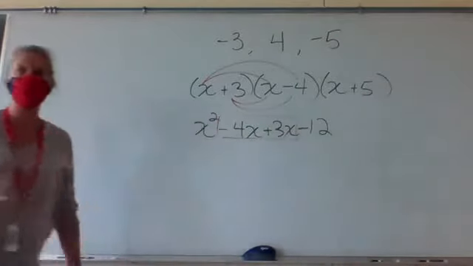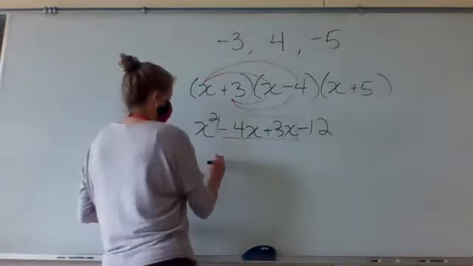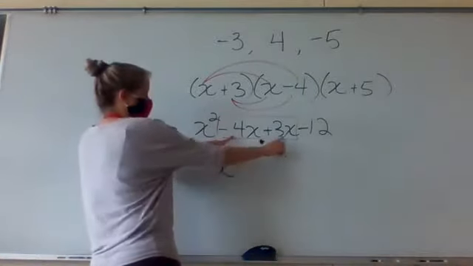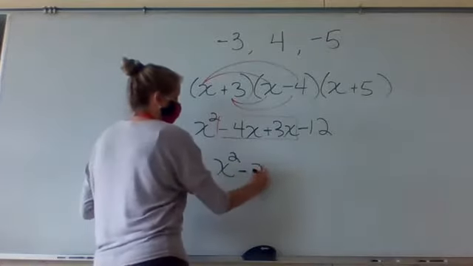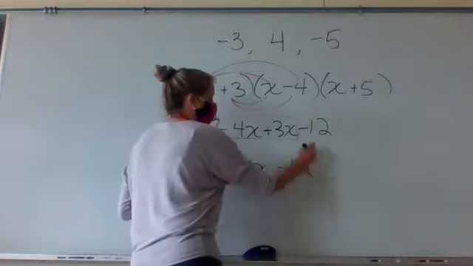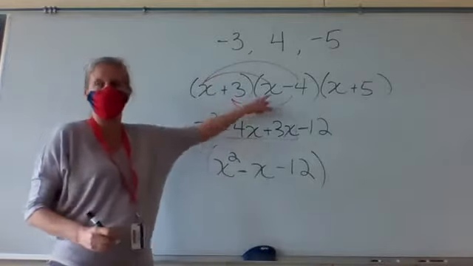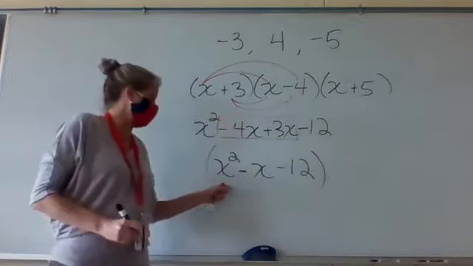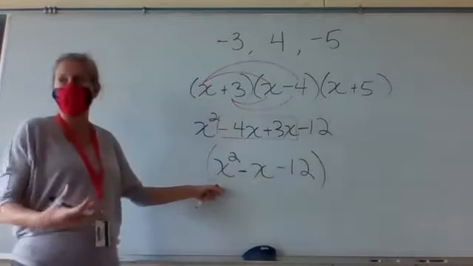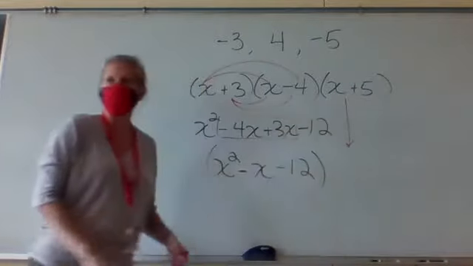Can I put those together? Sure you can. They're like terms. So I've got x squared, -4x plus 3x is just -1x. Bring down the -12. So that took care of multiplying the first 2 binomials together. Now what do I have to multiply this now trinomial with? That x plus 5.